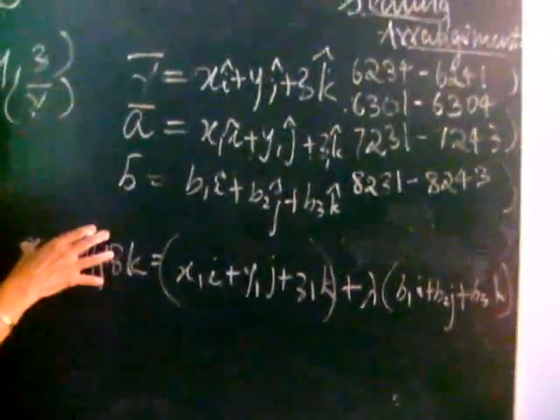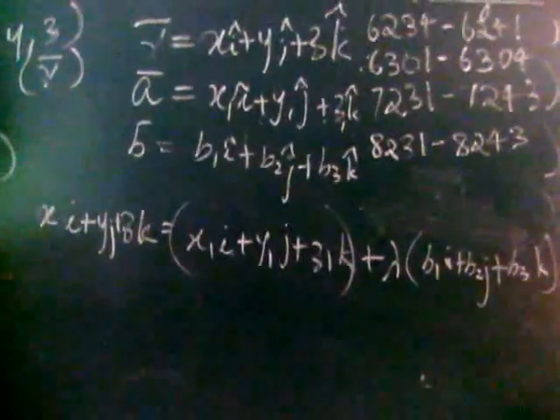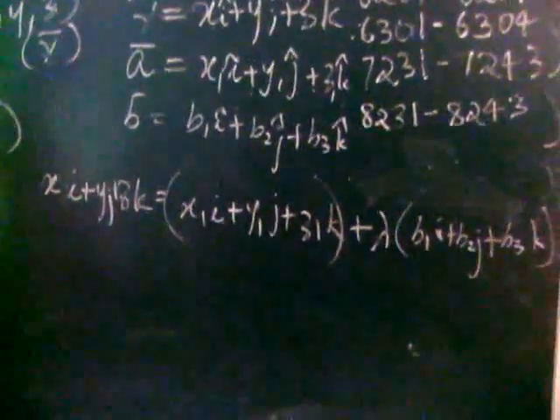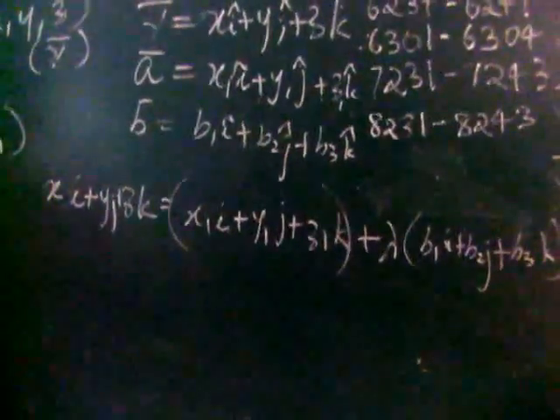Now you can see that this vector is equal to another vector on the RHS. Two vectors are equal only when their corresponding components are equal, so the x component, y component and z component.